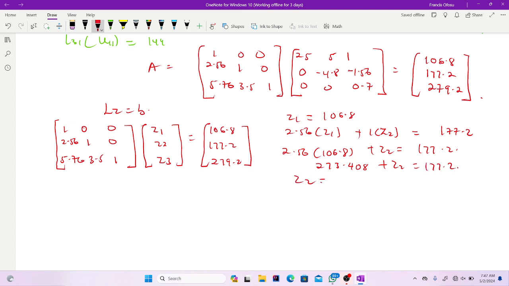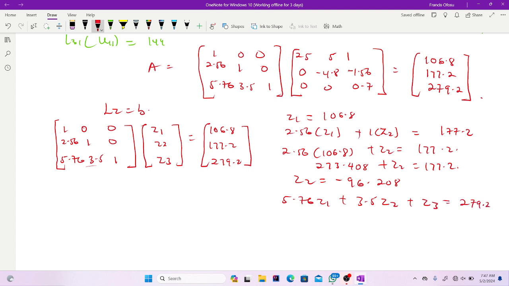So my Z2 is equal to 177.2 minus 273.408. So I'm going to get Z2 to be negative 96.208. Then finally, what is Z3? This whole thing multiplying this, I get 5.76 Z1 plus 3.5 Z2 plus Z3 is equal to 279.2.